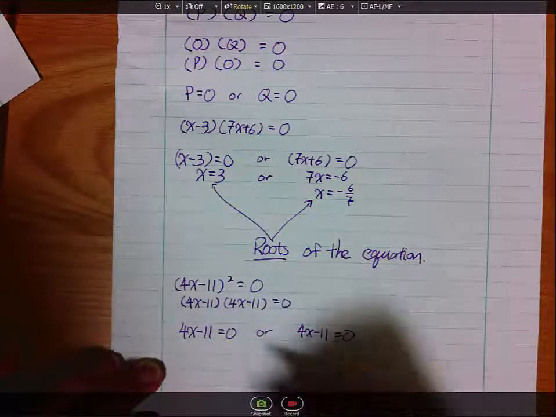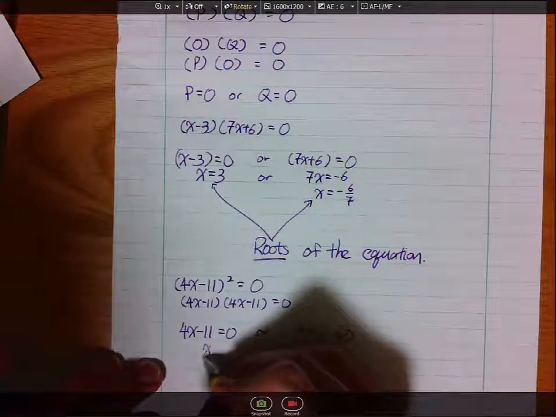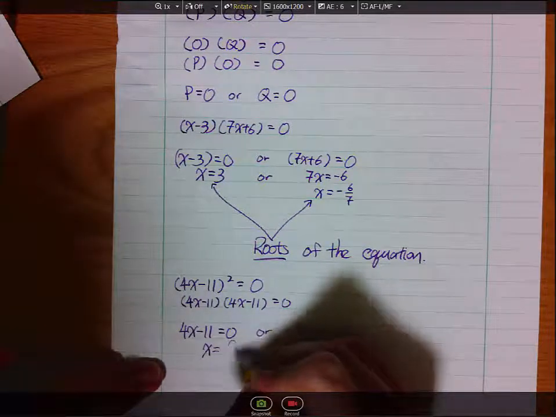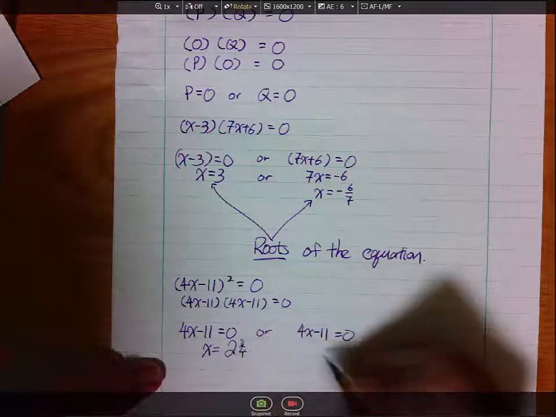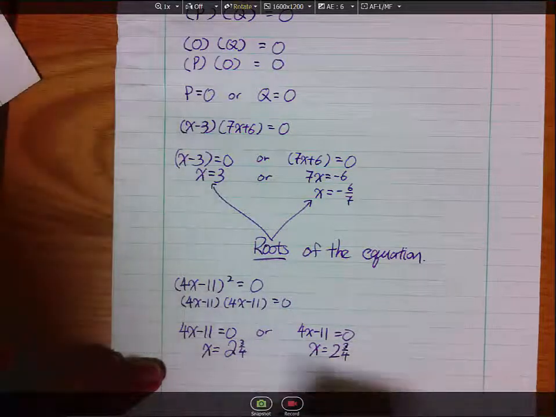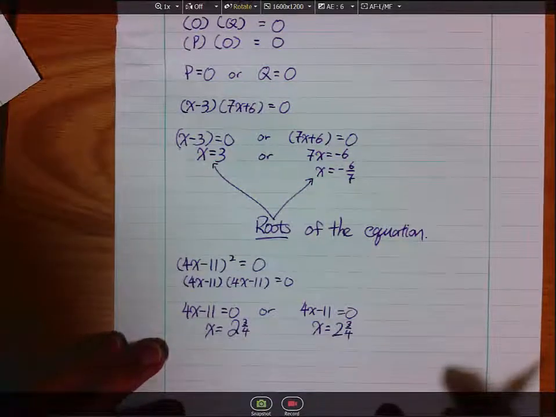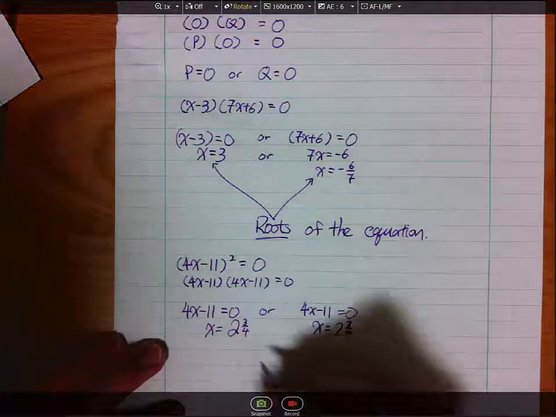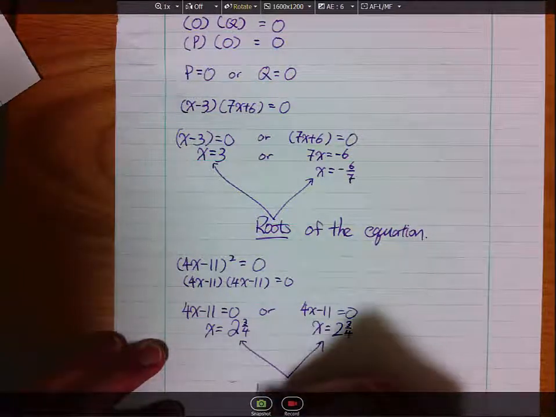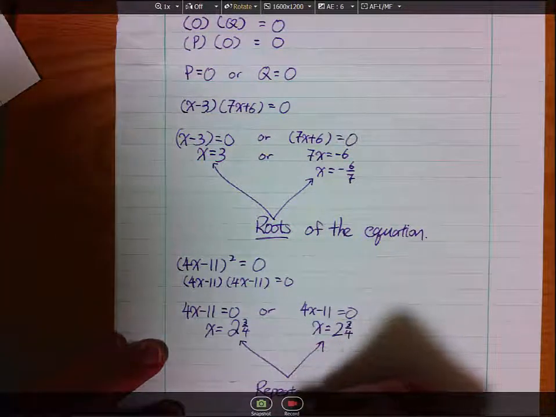Notice that these are the same solutions. What you get is x equals 2 3/4. So if they both have the same value, both roots are the same. Mathematically, they are known as repeated roots.